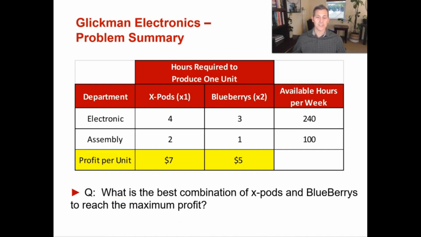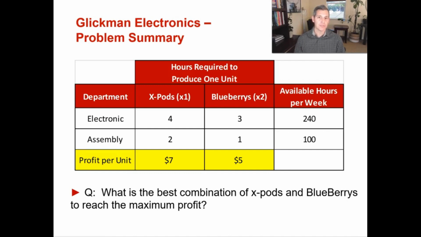Okay, so before we go on to the next couple slides, let's keep driving down what these definitions mean. What's your decision variable? Your decision variables are your XPods and your blueberries. What are your constraints? Your constraints are electronic and the assembly work.